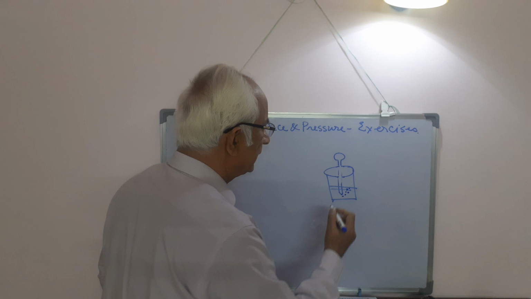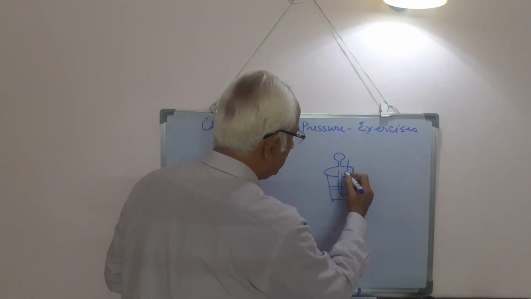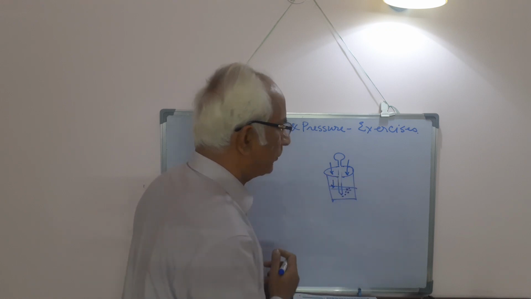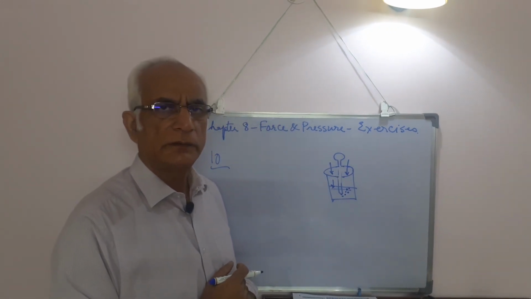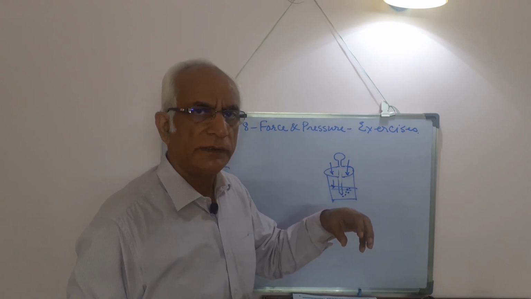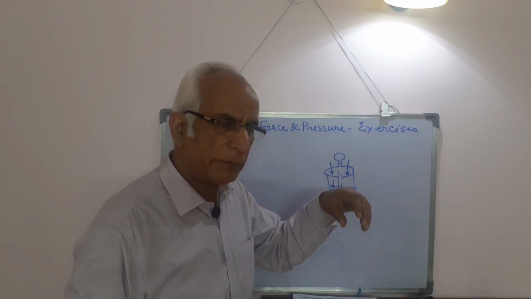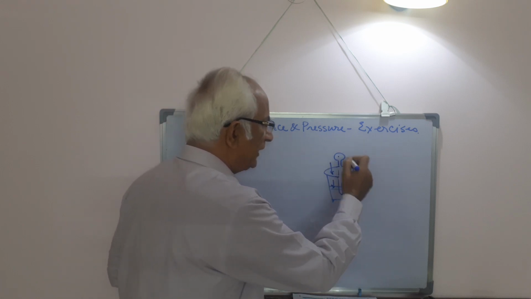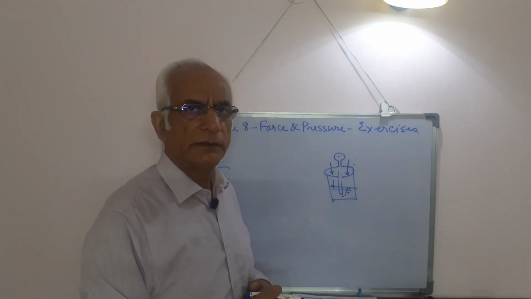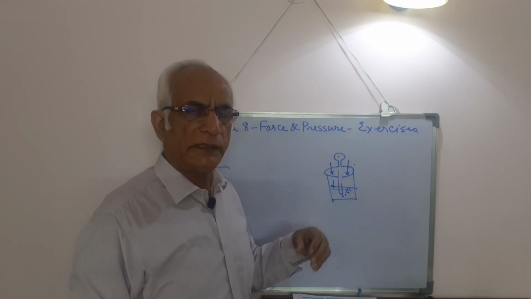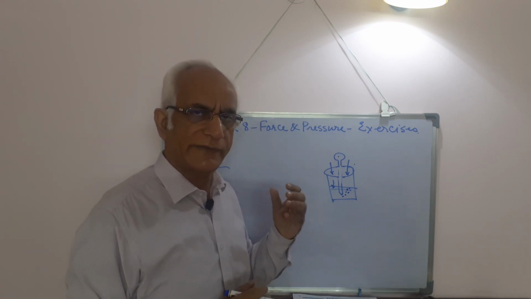Why does it enter? Because the air pressure will push the water inside the dropper. Initially, when you don't press the bulb, the atmospheric pressure in the dropper and outside is equal. The pressure within the dropper and the pressure outside the dropper is the same.